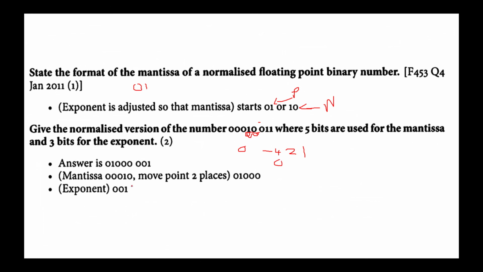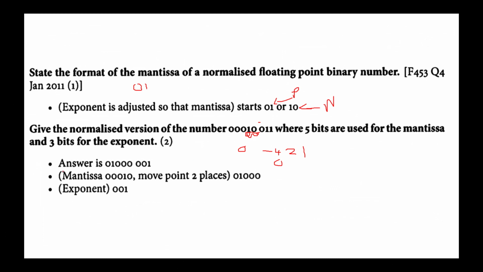Oh wait, what? It moves 2. I'm not getting this at all. I need to do more practice on this. So, mantissa. No, oh wait, it's just getting it straight from there. And then it got normalized.